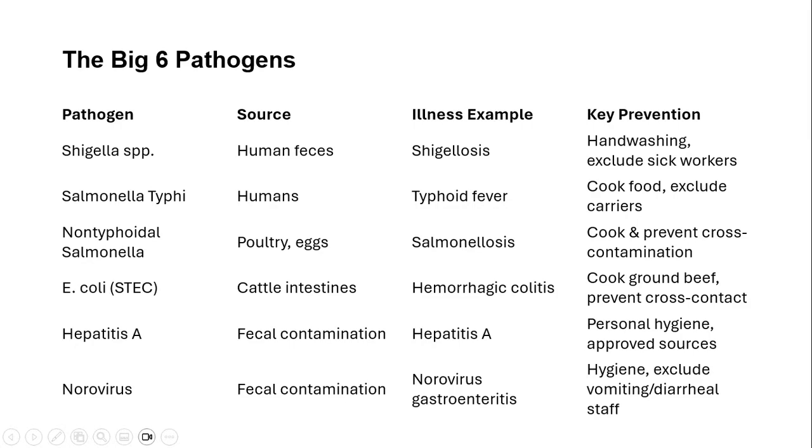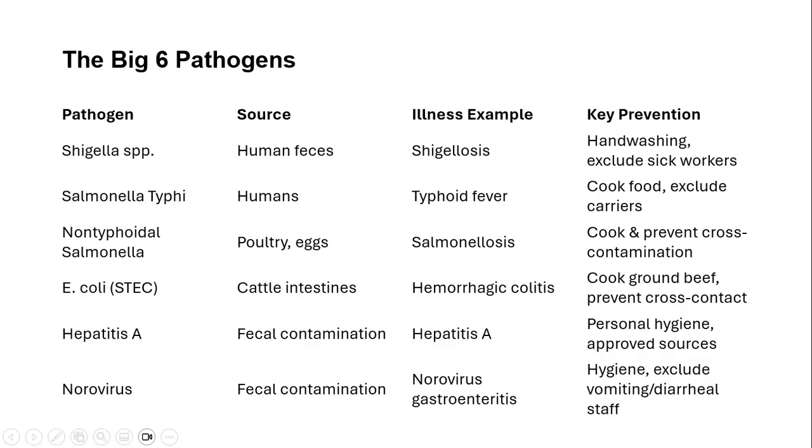Non-typhoidal salmonella. This is the one that we're talking about. In poultry and in eggs. It can also be found in some vegetables as well. How can that be possible? So say if I'm using some chicken feces as fertilizer and it hasn't been properly treated before it's used, then that could leach into some food items, some vegetable food items that are grown in there.